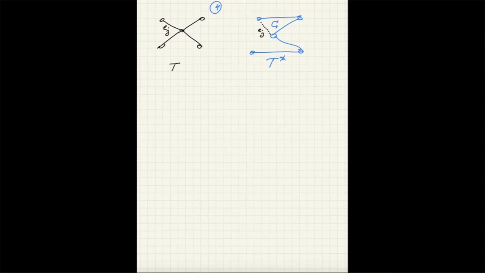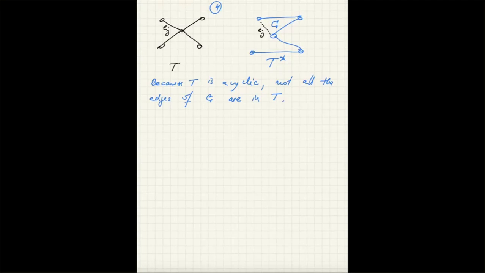Let me write it here, because T is acyclic: not all the edges of C are in T. C for us is this triangle with two blue edges and one black edge, EJ.